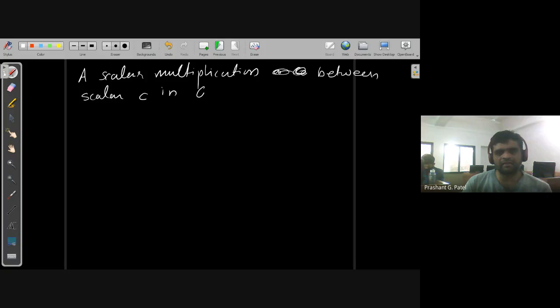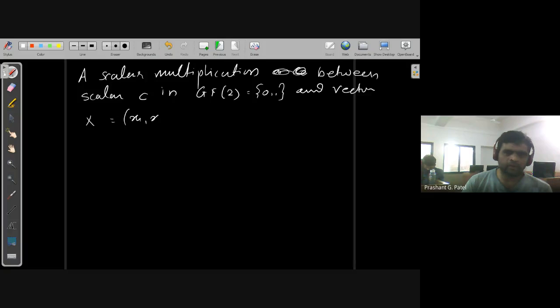This scalar c is in GF2. GF2 means it is exactly either 0 or 1. And the vector x is x1, x2 up to xe.